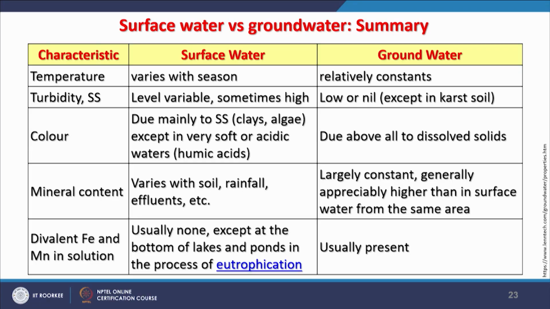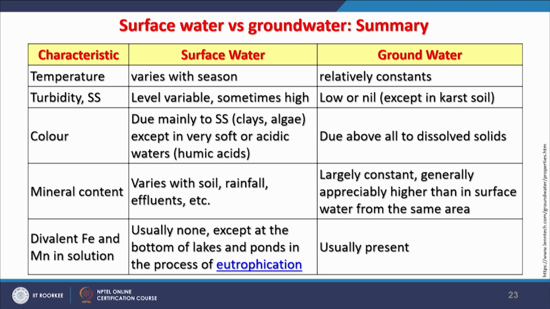Temperature varies with season in case of surface water, whereas in case of groundwater it is relatively constant. Not exactly the same temperature all the time, but it does not change much. Turbidity, of course, in case of groundwater is very less, but in case of surface water it varies to a very high level. Like in monsoon time you do not see clear water.